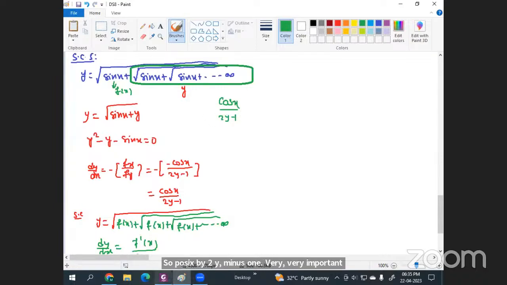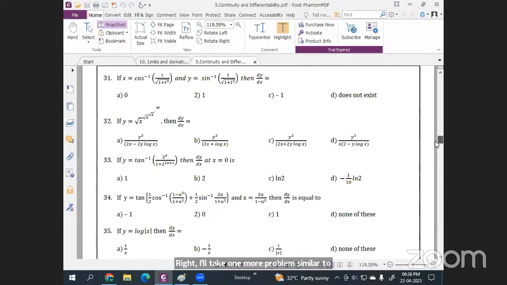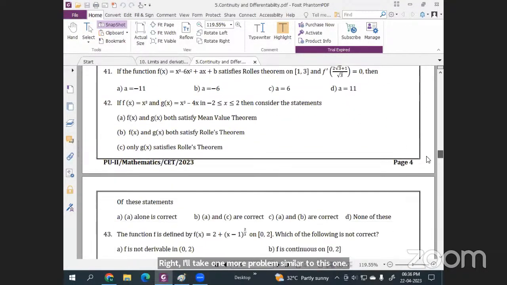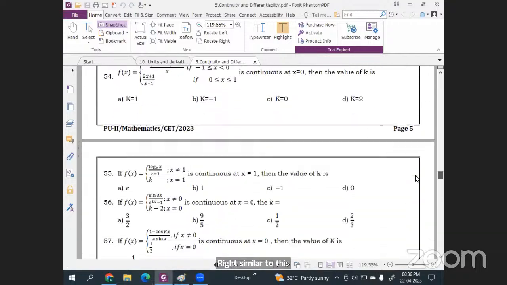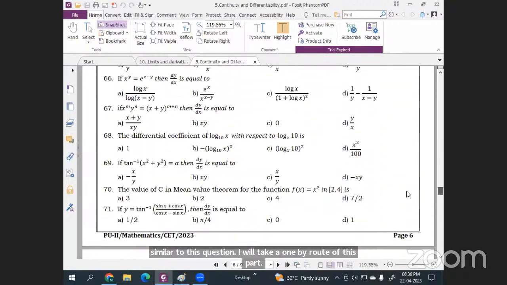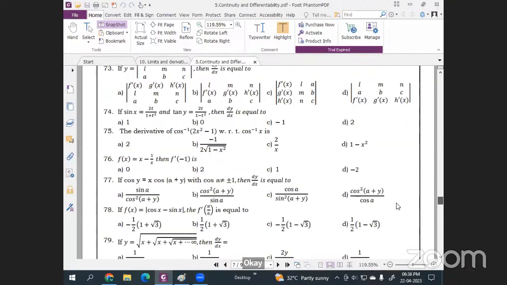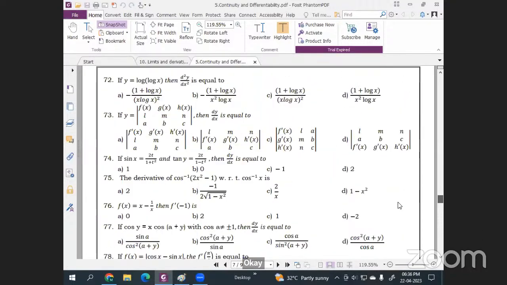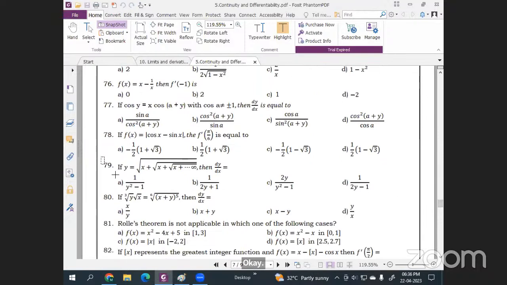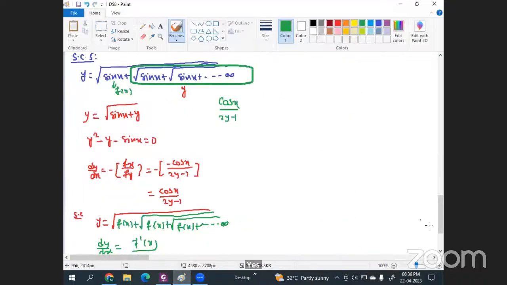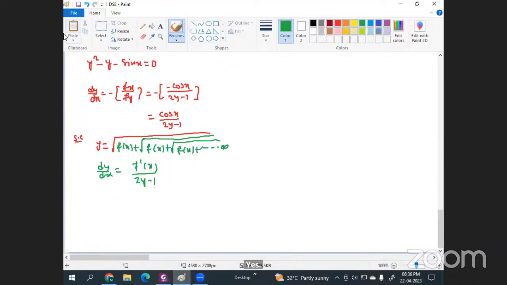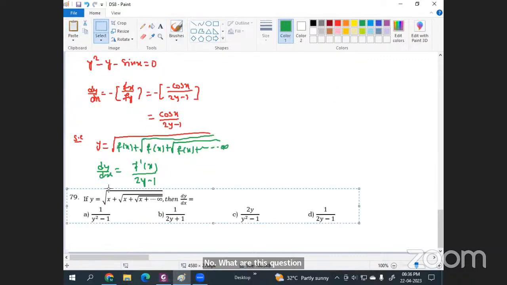I'll take one more problem similar to this one. Now, what is this question? y equal to root of x plus so on infinity, then dy by dx.